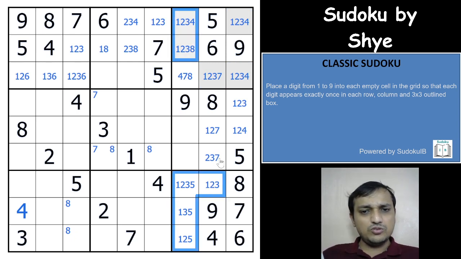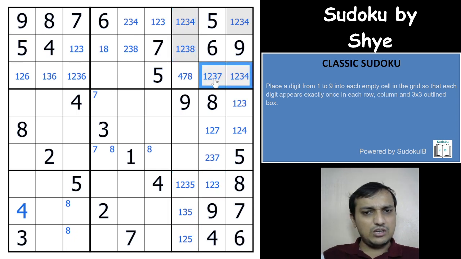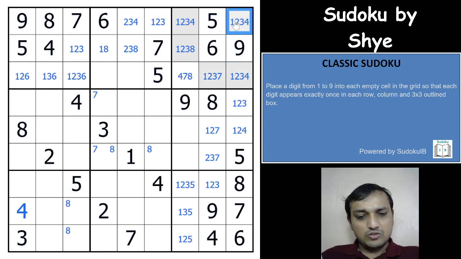Or maybe you can use a quadruplet here. If you have two digits of 1 2 and 3, you will have 5 cells with only 4 candidates, right? So one of the 1 2 and 3 would have to be here, another here, and the third here. So this cell can never be a 4.